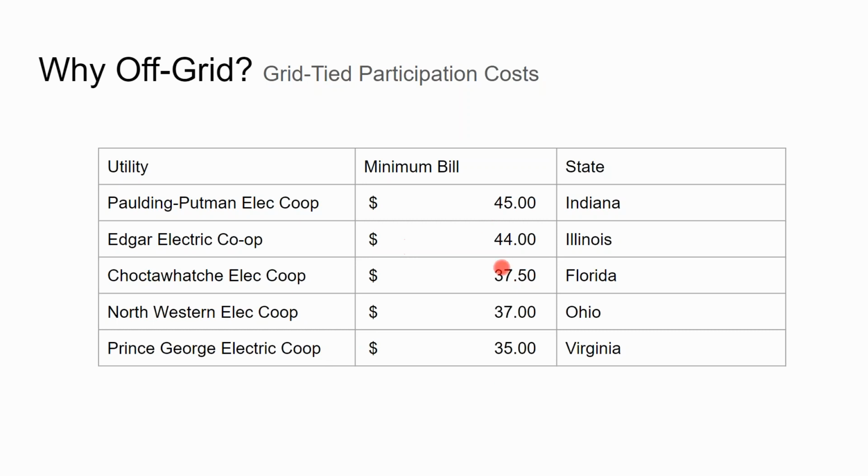And so it's really where I see a big off-grid market opportunity is in these cooperatives. Oftentimes the cooperatives are exempted from their state net metering laws. So cooperatives have been viewed as buying groups rather than generators.